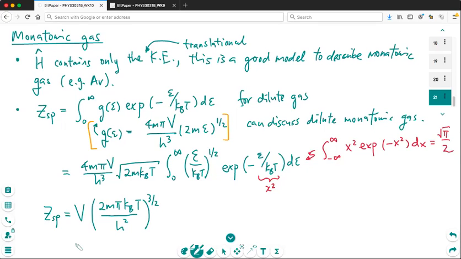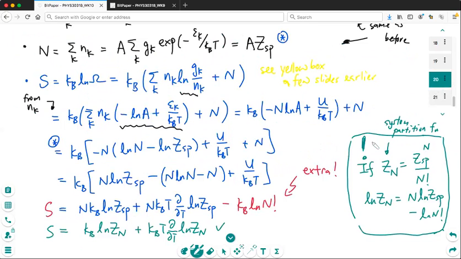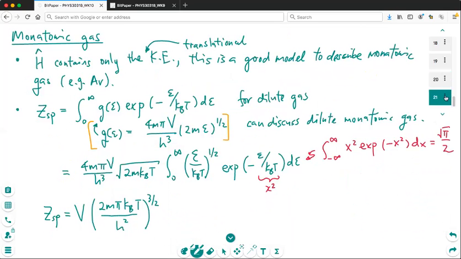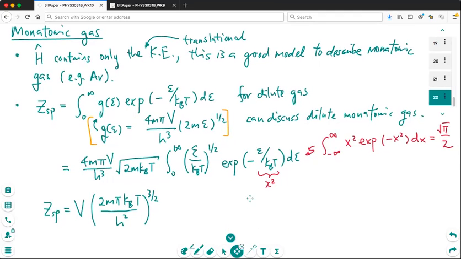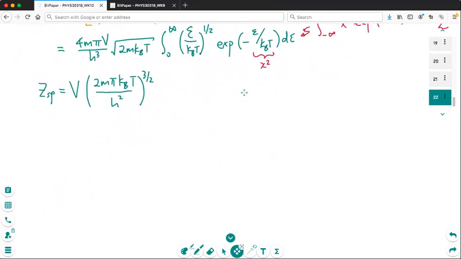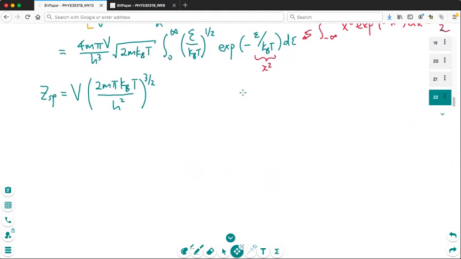Okay, but before we use this, I want to say a few things about this factor. And I would like you to answer me a quick question using the chat. What is the unit of the partition function? Quick. What is the unit of the partition function?